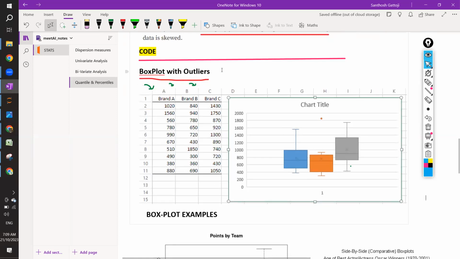Just from the graph, what all can you understand? See, almost the minimum value or the lower bound is slightly less than 400. Getting, guys? Slightly less than 400. Okay, 380.